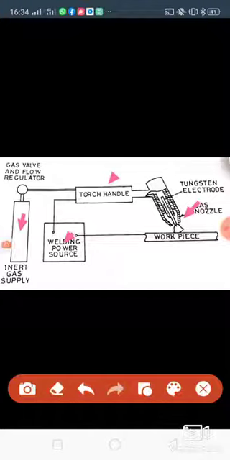As the conduction band is formed, a huge amount of current in the form of spark will be generated, and due to the spark, a huge amount of heat is generated. When filler rod is added in this heated zone, the filler rod will melt and deposit on the workpiece where the two pieces have to be joined. So this is the working of TIG welding.